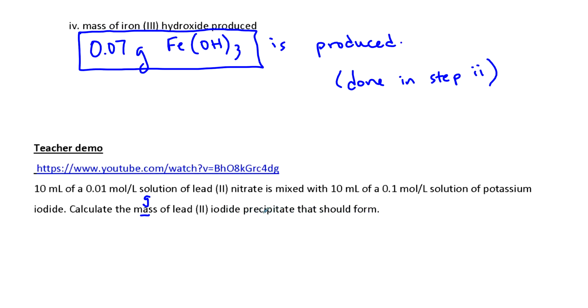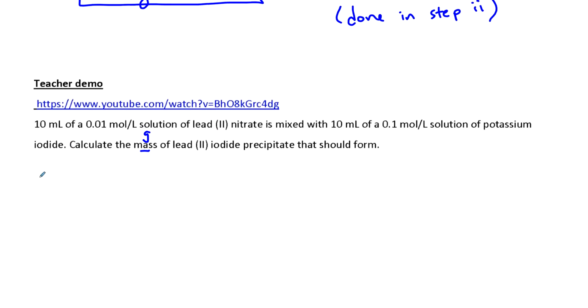Now, precipitate just means when you mix these two solutions together, one of the two products forms a precipitate, means it's not soluble. So it kind of forms like a solid that will eventually settle to the bottom of the beaker. And it first appears kind of like jelly-like. So it's quite noticeable when a precipitate forms.